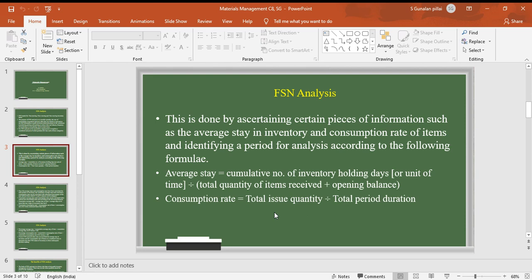A very simple formula by which the average stay for a particular product in the store is identified. Then the consumption rate: total issue quantity, how much of the particular product is issued from the store, divided by the total period of duration, how long the product was in the store, can be identified by the consumption rate.